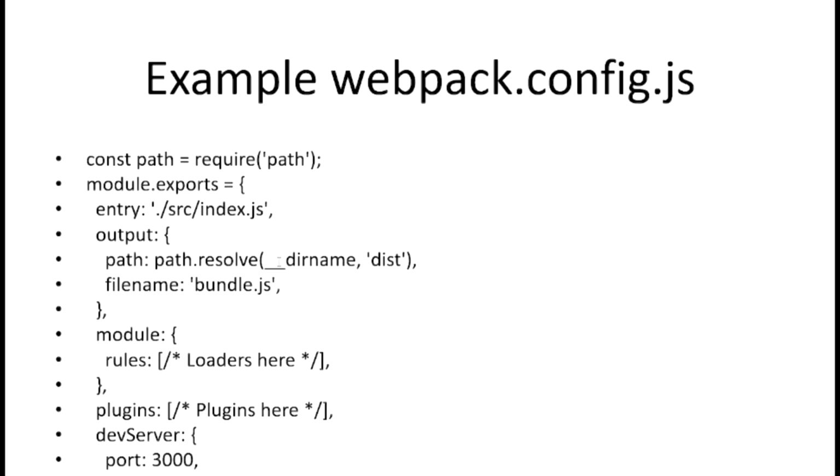Then comes output, and after output we have modules, we have plugins, and in the end we have mode. So this is the way we normally provide our structure to the webpack.config file. Hope this is understood. These are the five main things that we need to assign in our webpack file.